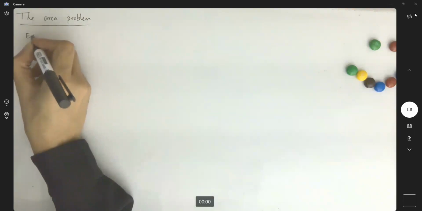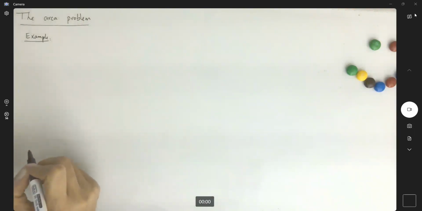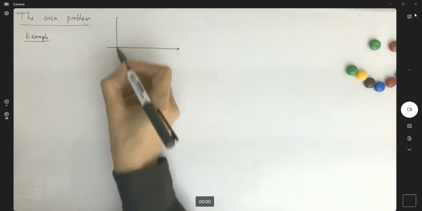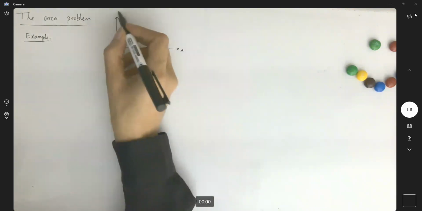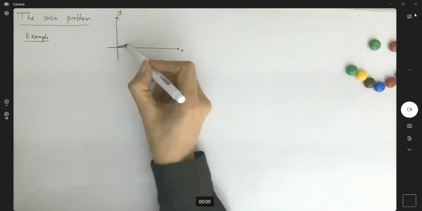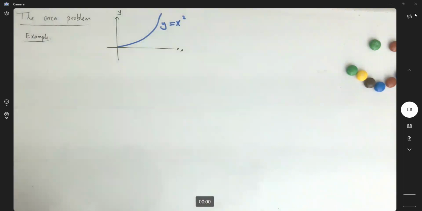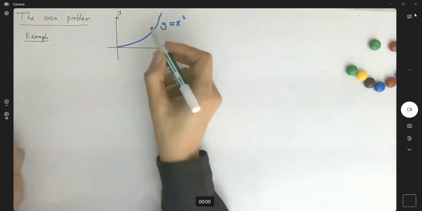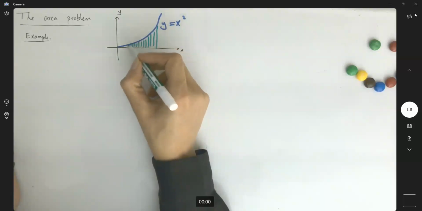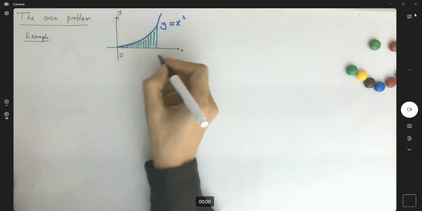Let's take a look at this example. Suppose we have the following two-dimensional object, x and y, and this is y equals x squared. And as before, we want to know what is the approximation of the area below the graph between 0 and 1.